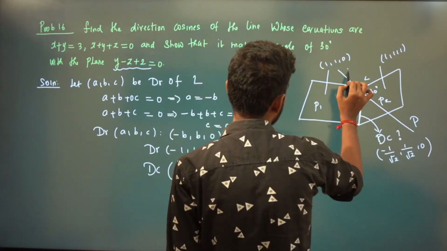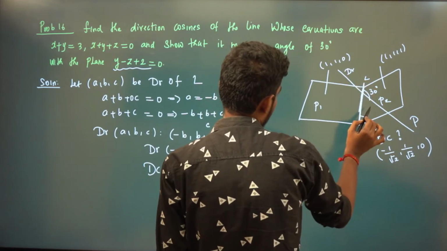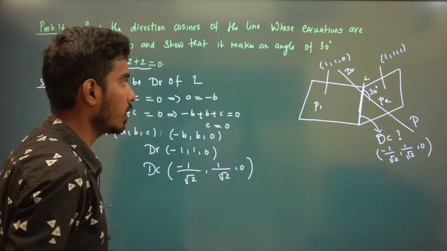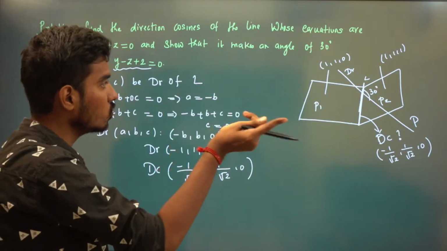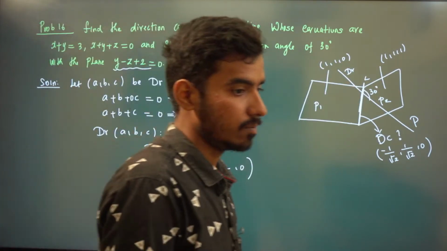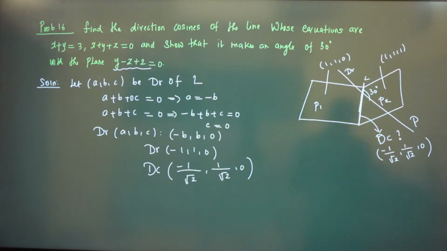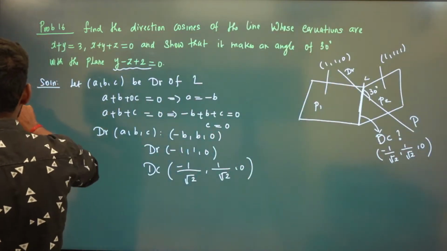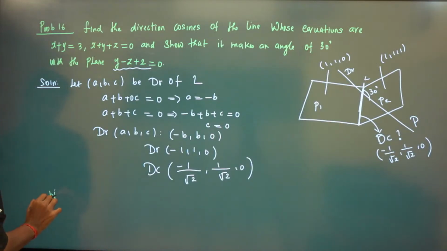This line has a direction ratio, and this plane has a direction ratio of its normal. Actually, cos of pi by 2 minus theta gives the angle between the line and the plane. Here is a very important note to use.